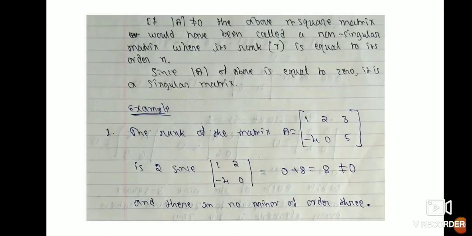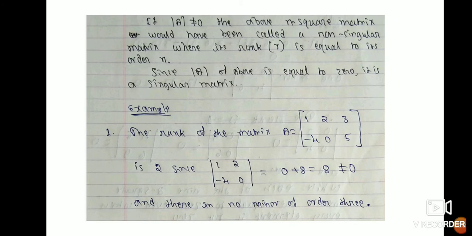Let me explain with one more example. Before that, let me explain what a singular and a non-singular matrix is. If the determinant of A is not equal to 0, then it is called a non-singular matrix, and if the determinant of A is equal to 0, then it is called a singular matrix.